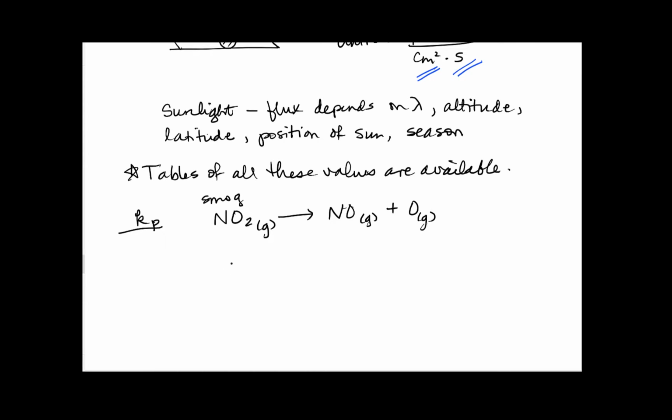You can also have some dust, but this is one of the important factors. We're going to calculate this photolysis constant at 298 Kelvin. Nitrogen dioxide can be broken down into highly reactive nitric oxide and oxygen radicals. So let's calculate this at 298 Kelvin at noon at sea level.